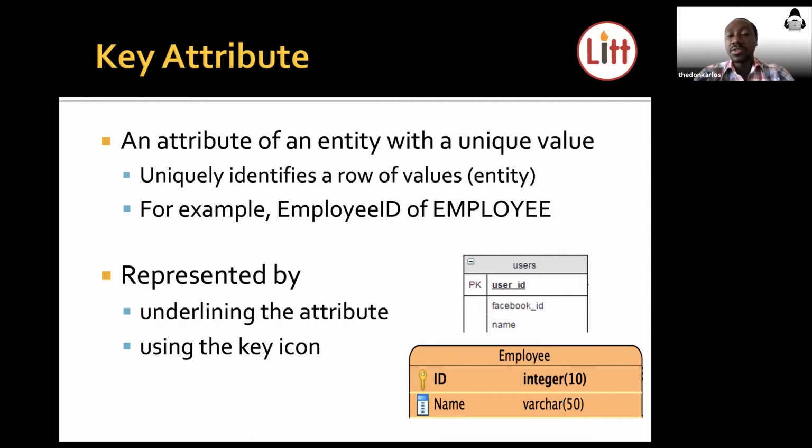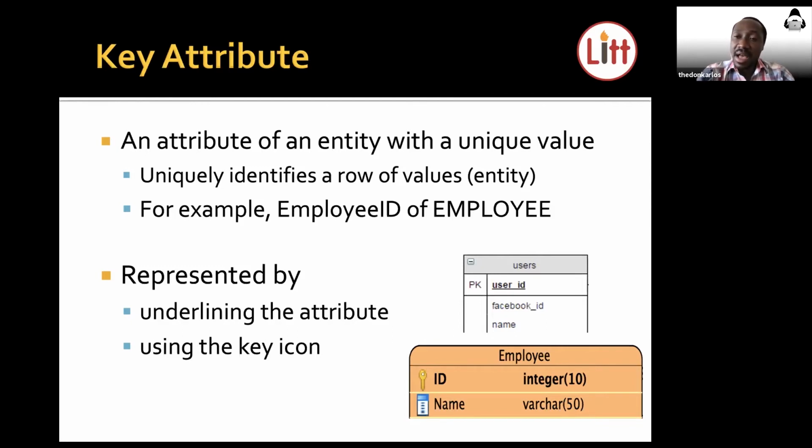Now for the key attribute, the value cannot be empty. It always has a value, and we are saying that it's unique. So for example, for the employee ID, if there's an existing employee ID and someone tries to enter the same employee ID for that attribute, the system is supposed to reject it.